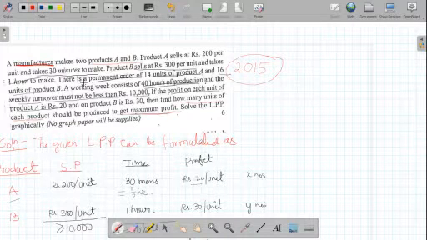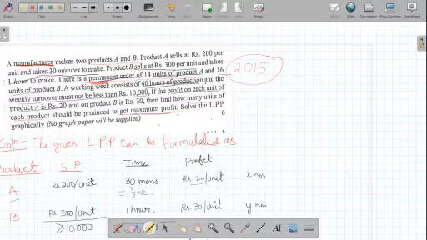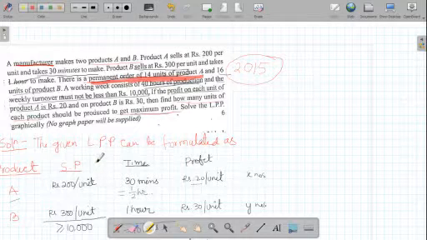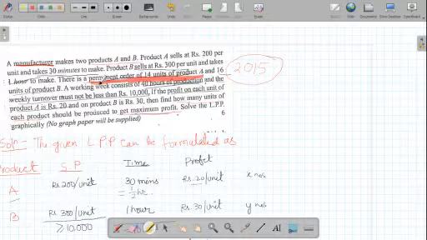The problem is there is a permanent order of 14 units of product A. Permanent order of 14 units of product A. Permanent means at least 14 units of product A should be ordered. And B, how much unit here?